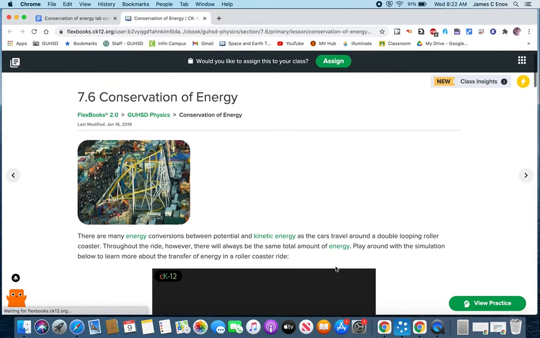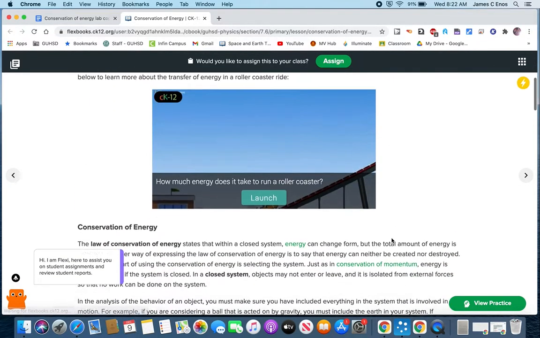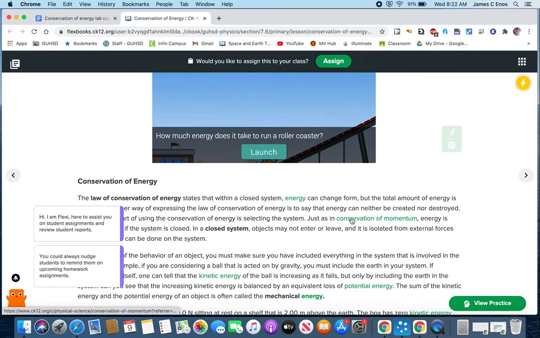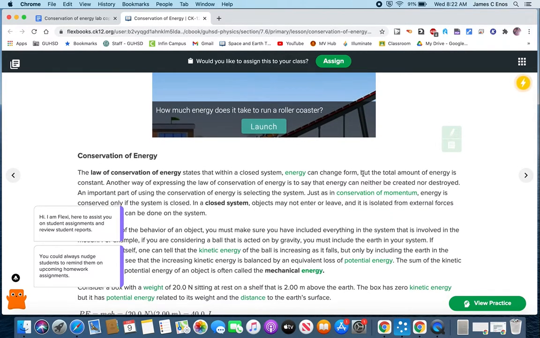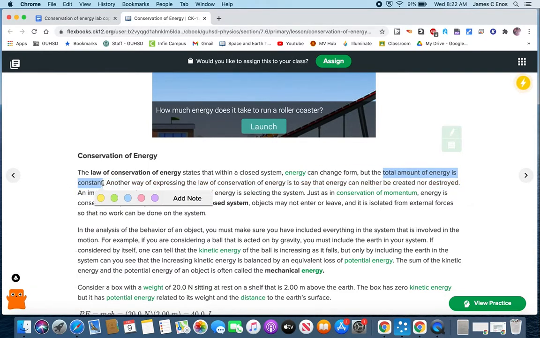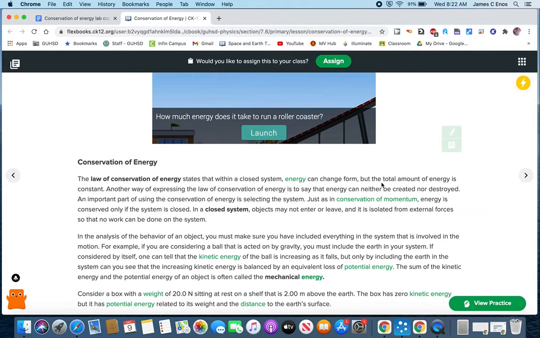But we do see that this article has some good stuff about this conservation of energy, and there's a whole lot of reading going on, and I would like it if we read a lot. But if we only read these 6 words, the total amount of energy is constant, then that right there would be fantastic. Total amount of energy is constant. So when you talk about a system, the total amount of energy in that system is constant.